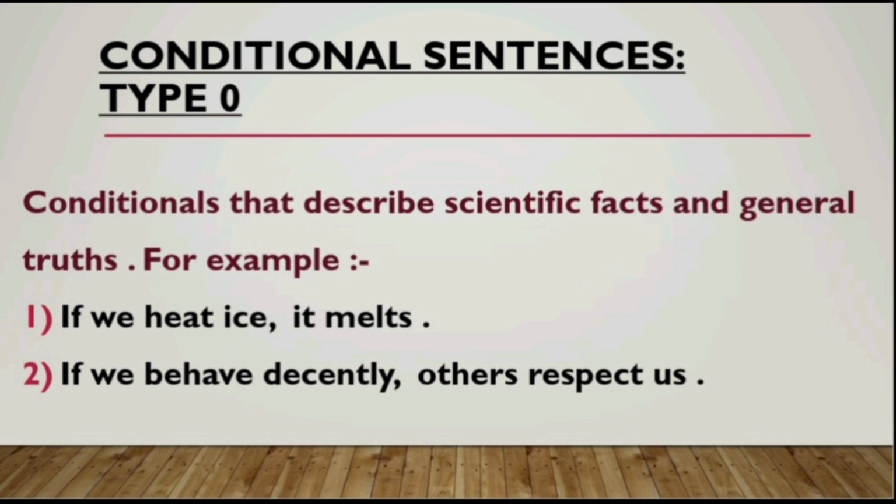The zero conditional is used to make statements about the real world. Generally, these are statements that are true all the time, and they often refer to general truths and scientific facts.